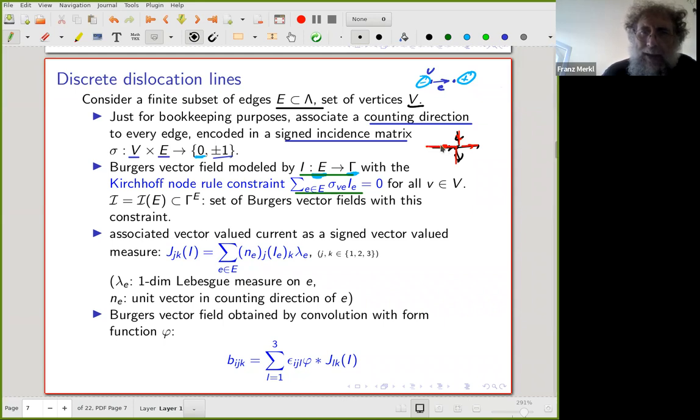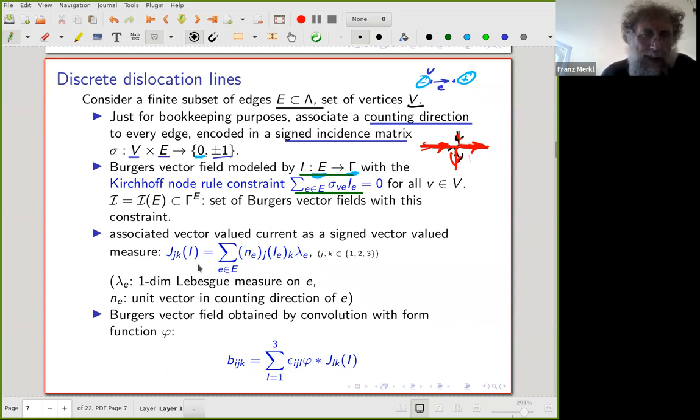So when you have an ingoing current here of, say, component 1, 2, or 3 of your current outgoing here, then you can think of on this line here, you have a Dirac delta-like current flowing in this direction, and then it splits maybe in 2 pieces, one piece here, one piece here. So it's a vector valued measure on these lines in space.